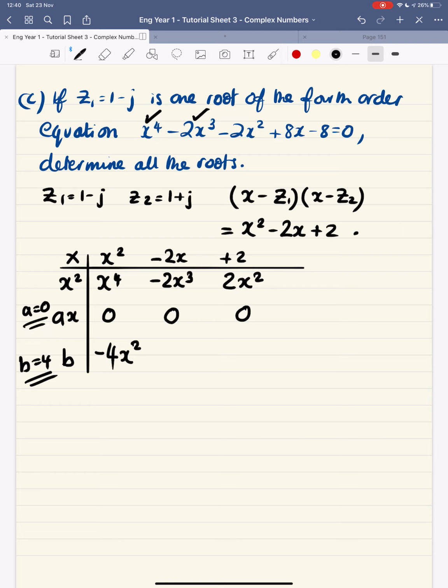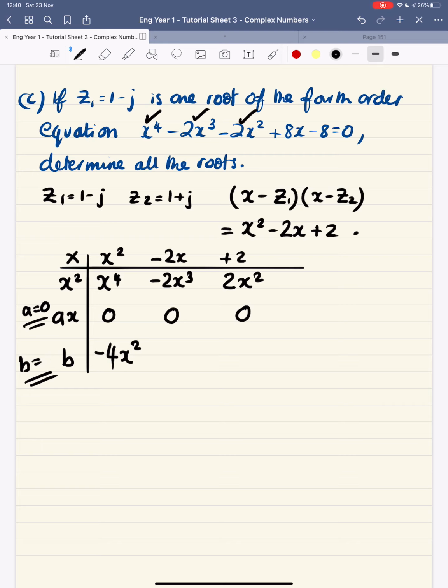Okay, so that's sorted that one out. So then we want 8 x's. We can't get any x's from this row because they're all at least x squared because of that there. We can't get any from there because a is naught. So the only place we can get x's is there, where it's b times minus 2x. Sorry, b is minus 4.